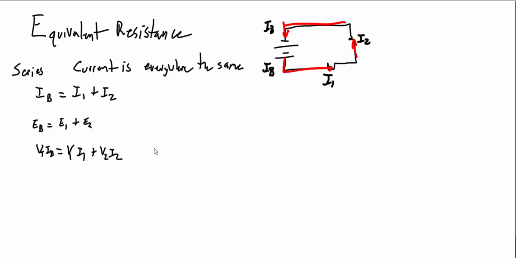Now, we can use Ohm's law to help us simplify this a little bit. Remember, voltage equals current times resistance, V equals IR. And we know these currents are everywhere the same.